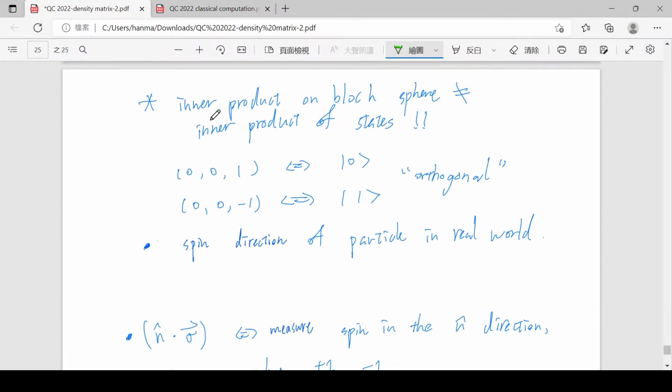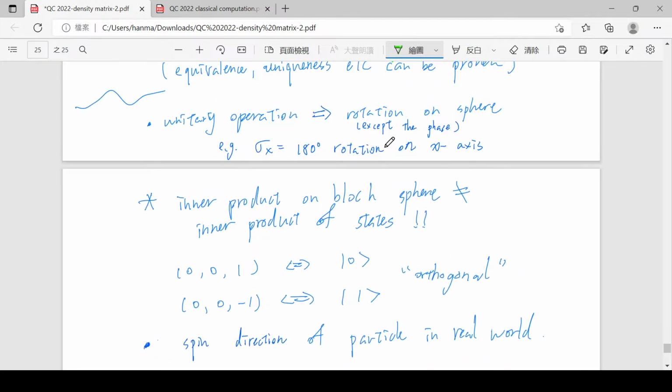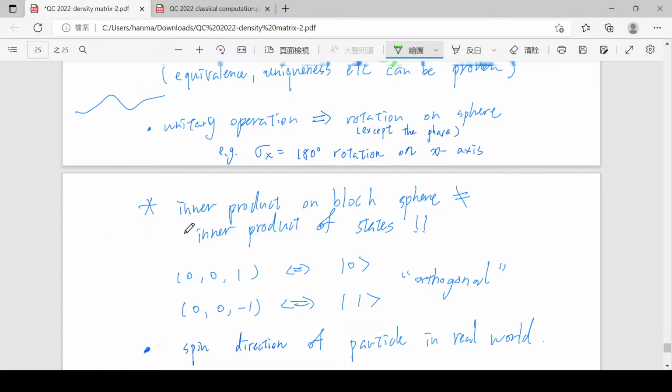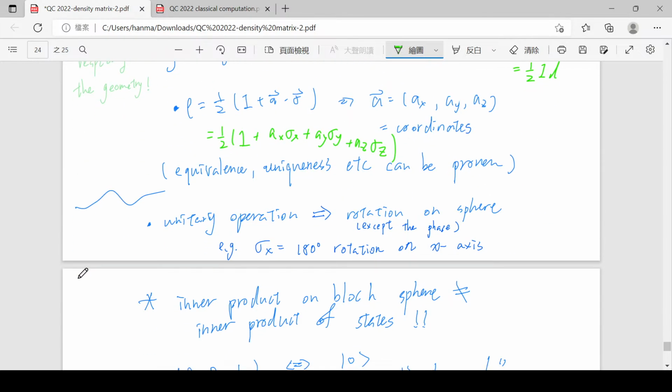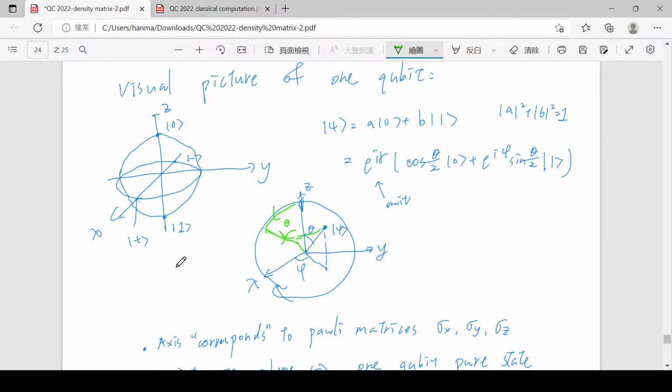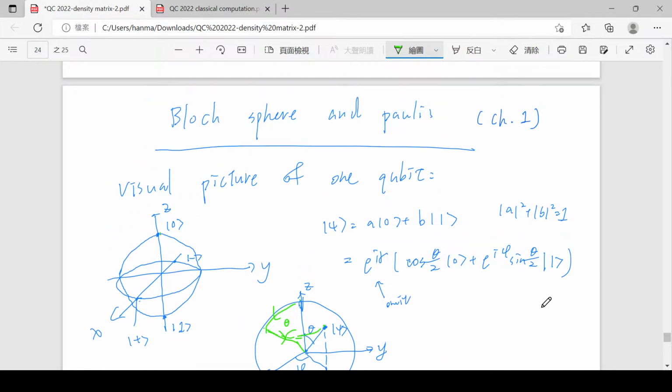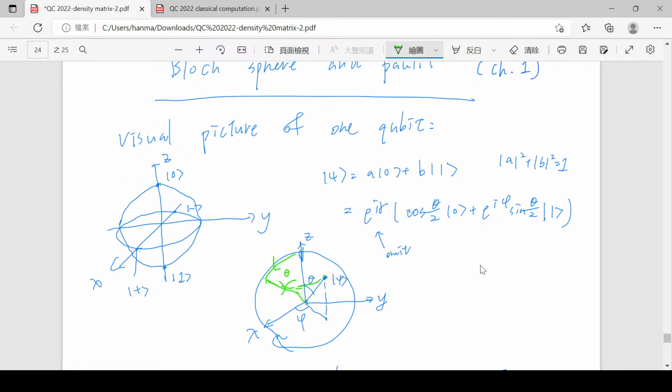But there is something bad that doesn't quite respect the geometry. That's the inner product. The inner product on the Bloch sphere is not the same as the inner product between the quantum states. What I mean is that being orthogonal is not quite preserved. Remember the 0 state and the 1 state.